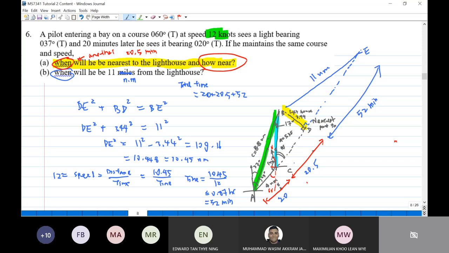So altogether, 20 minutes plus 20.5 minutes, and then plus 52 minutes, we get 92.75.